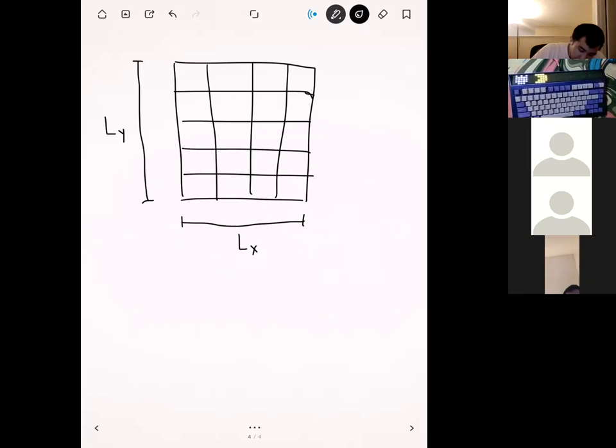In addition to this, we are going to define two more parameters here. First, we're going to define nx. nx in this case is going to be the number of grid points in the x direction.